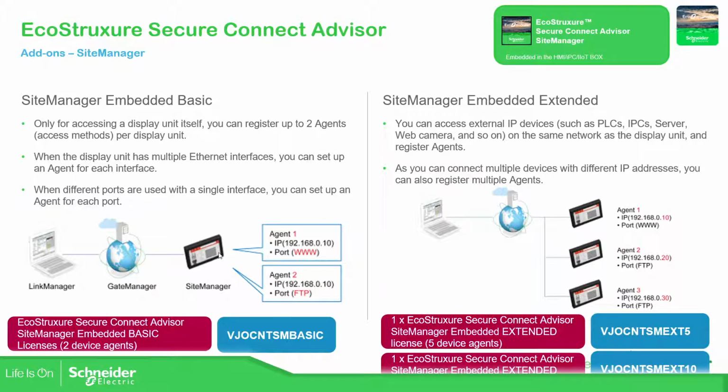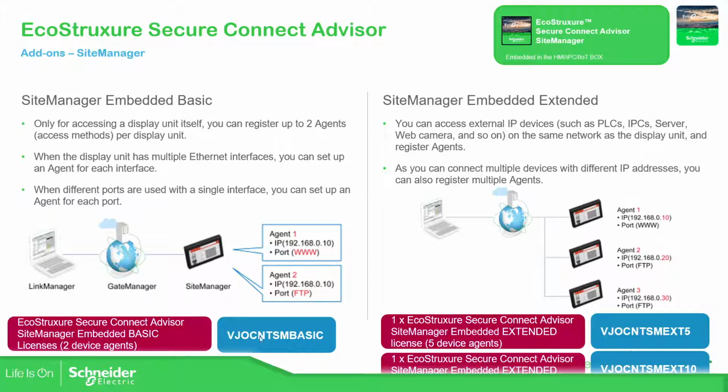It's just for that specific HMI that you have linked to the gate manager. You have 2 different access methods to connect to the HMI, in this example the 3W and the FTP. But if you require to connect to other devices on the same network, on the other port on the HMI, you should use the extended one.